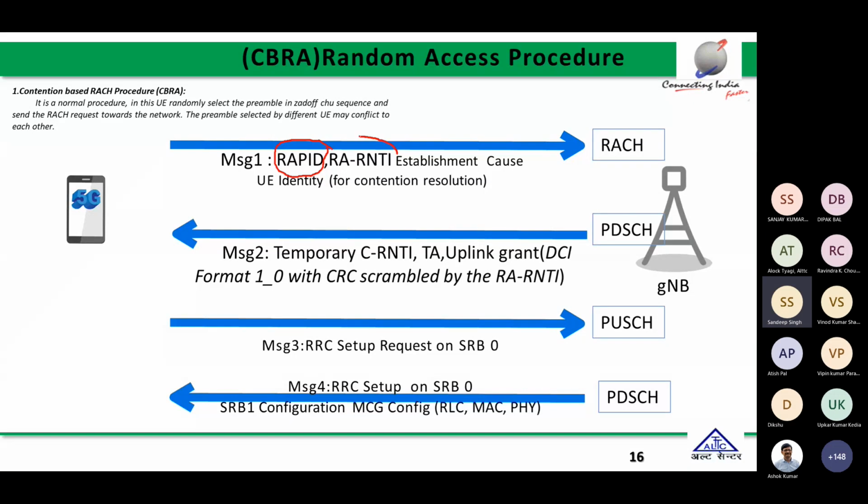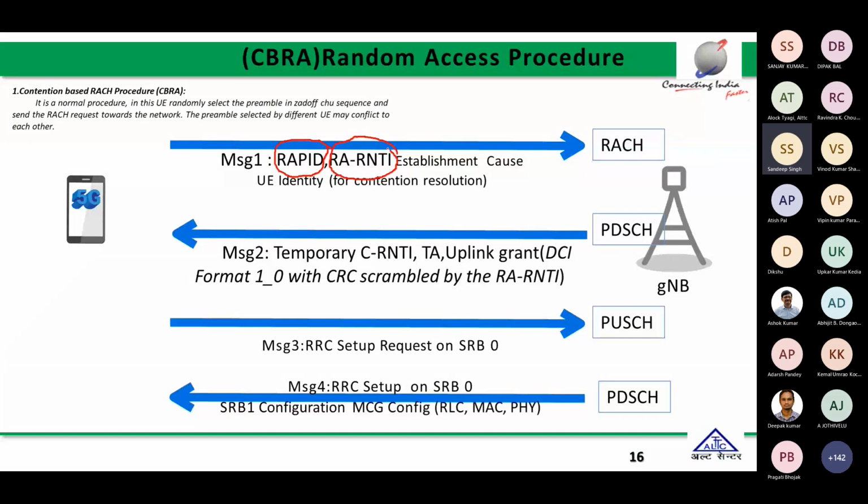The second one is the random access RNTI, which identifies the frequency and time domain resource in which they are sending. It also sends the establishment cause. That is the first message, sent to the gNodeB on the physical channel, the PRACH, right?